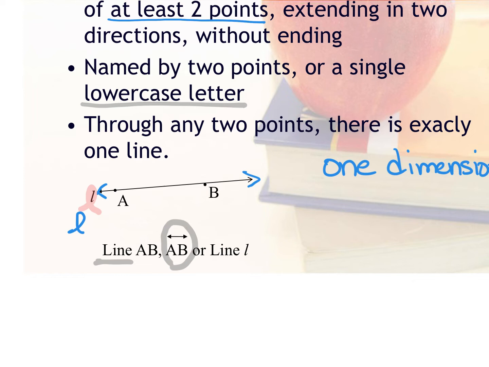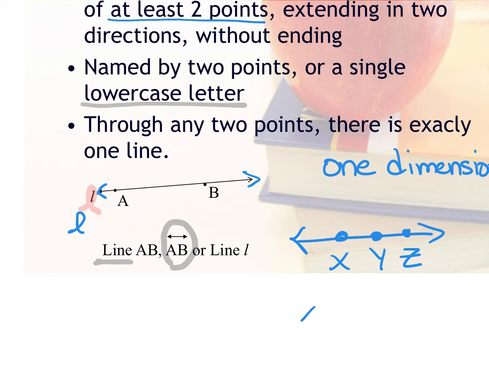It can be any letter. It doesn't have to be L for line. It could be any lowercase letter. So I could have another line here. I could put 2 points on it. Now I could actually have 3 points on it, but when you name a line, all you use are 2 of the points on the line.